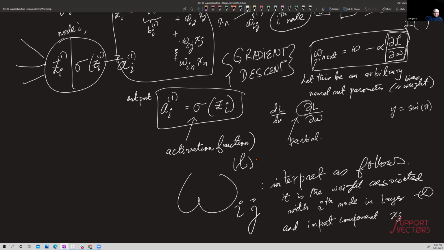Does this make sense, guys? So we will take this as our notation. Do you see how simple this notation is?